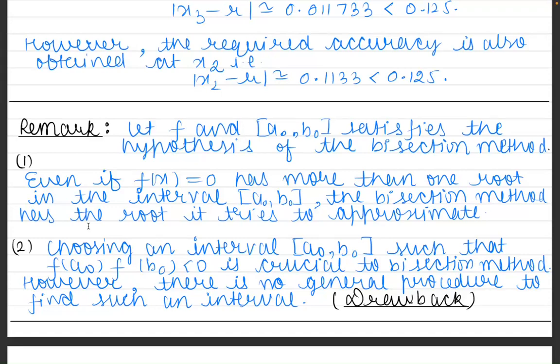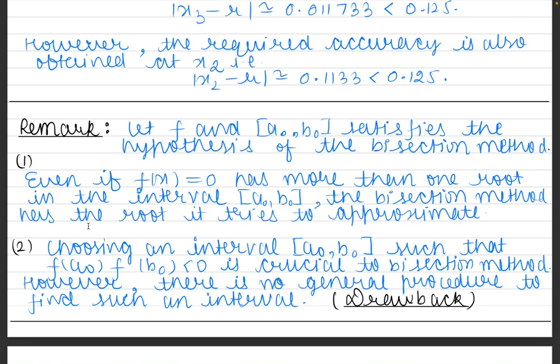So in the next class, we will discuss. What we have in methods of the type bisection method, we always need to start with an interval which already has a root of the given function. And this is a very important step to initiate this method.